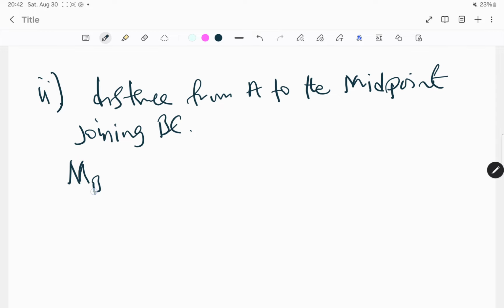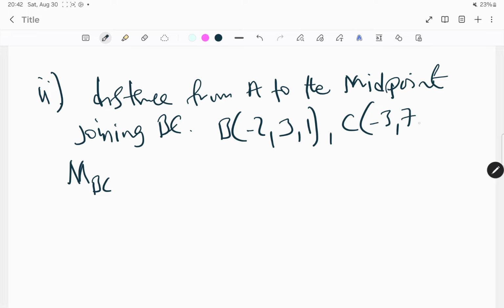To find our distance from A to the midpoint joining BC, first let's get the midpoint. We use M_BC to represent the midpoint of BC. We know from the question that B has coordinates -2, 3, 1, and C has coordinates -3, 7, -6.